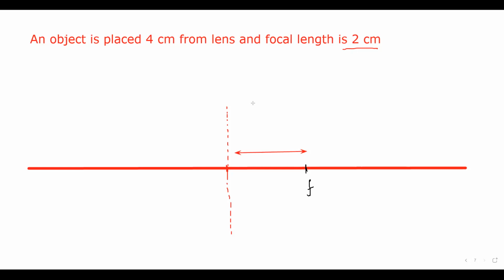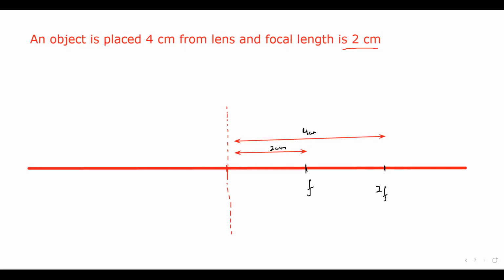Then I'll measure a further 2 centimeter and I will mark 2F. So this will be 2 centimeter, and 2F is always double the focal length. So if the focal length is 2 centimeter, 2F will be 4 centimeter.